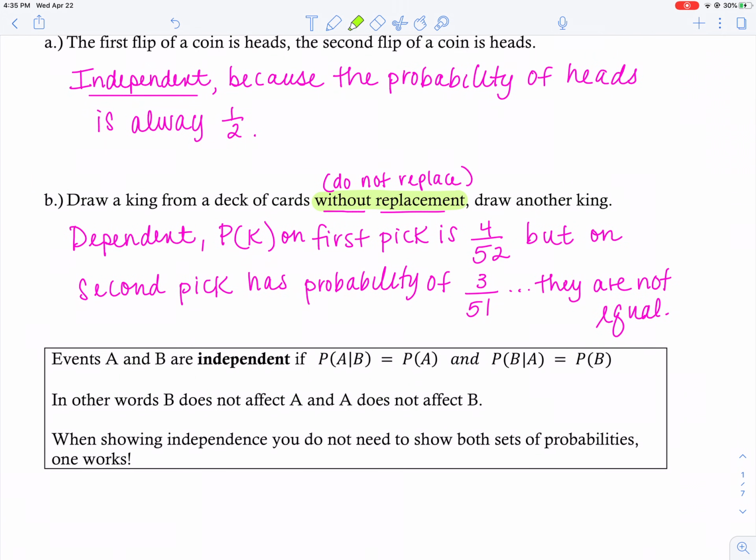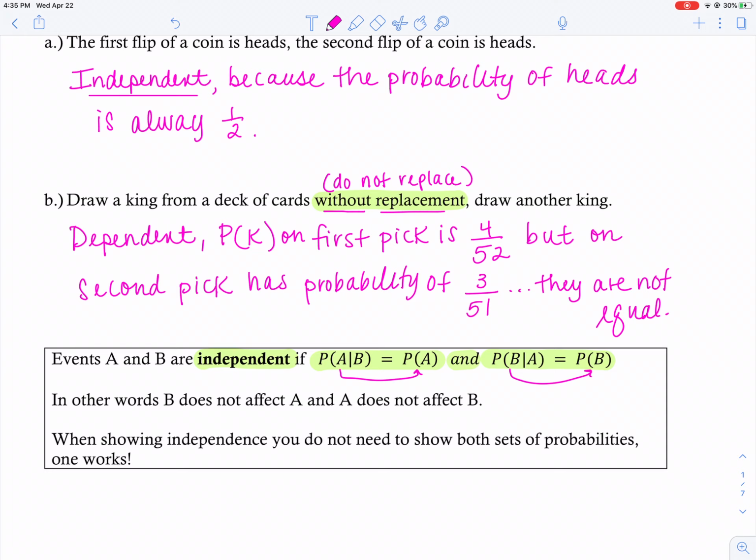Let's understand this little formula. Events A and B are independent if the probability of A given B equals the probability of A. Take note that it's the first term that matches. And I could say, the probability of B given A equals the probability of B. Again, it's the first event.